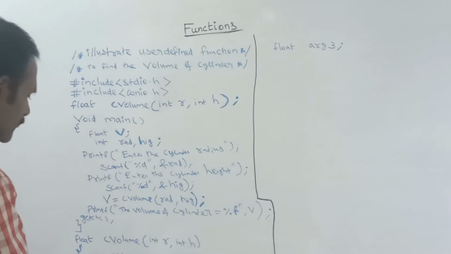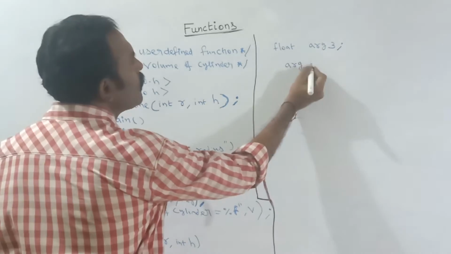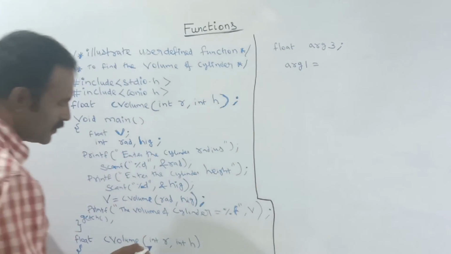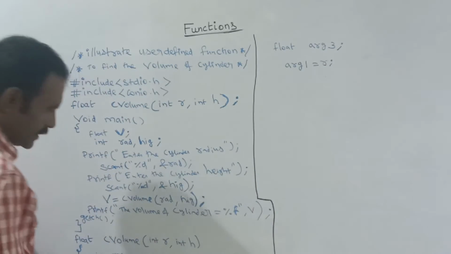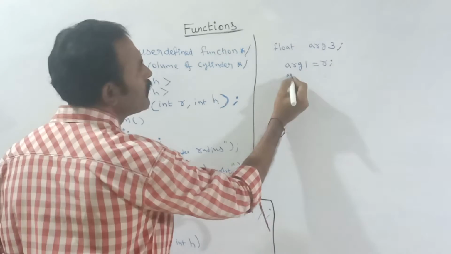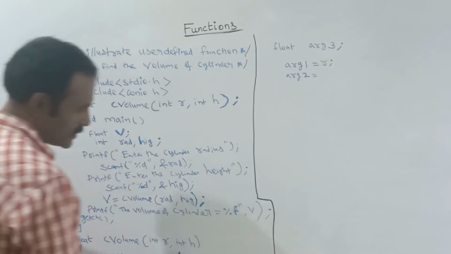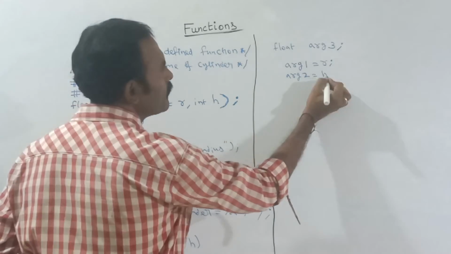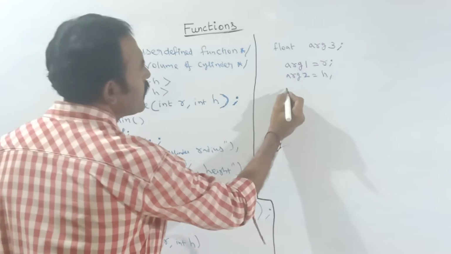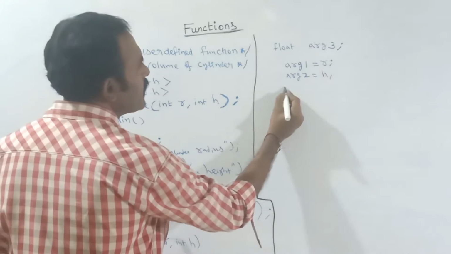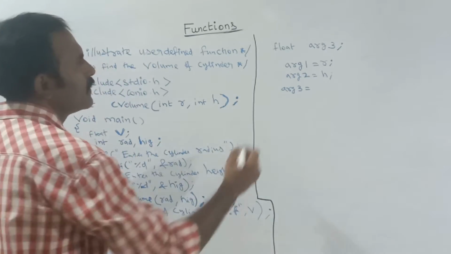Here arg1 is equal to r. Next arg2 is equal to the parameter h. Next, float data type, arg3 is equal to the formula.